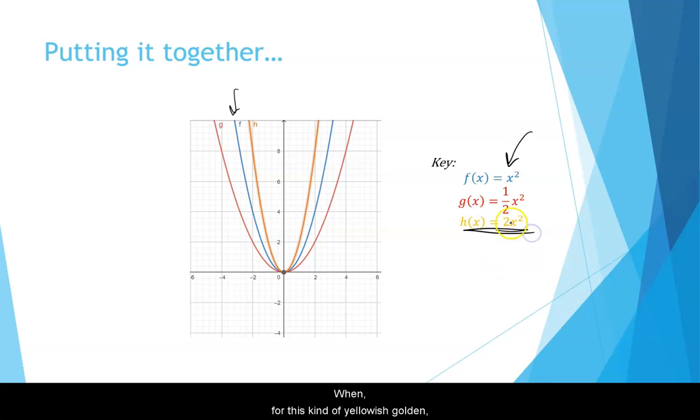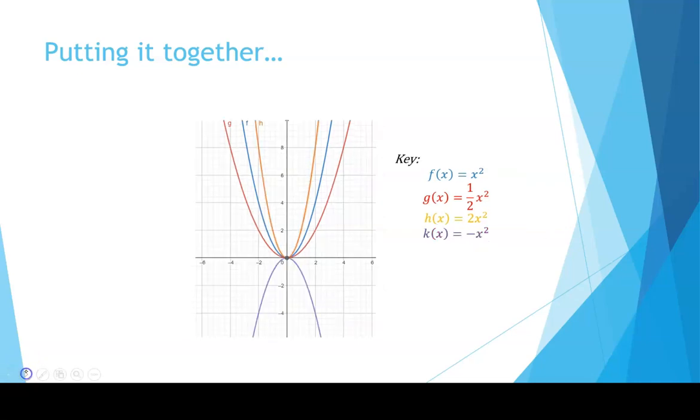For this yellowish golden one, when we multiplied it by 2, the growth was faster. It turned into a narrower parabola. What do you think would happen if we had y equals -x squared? What would happen is that parabola would open downwards.